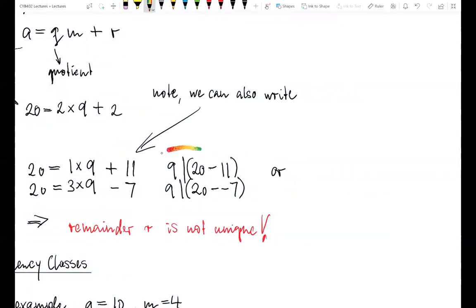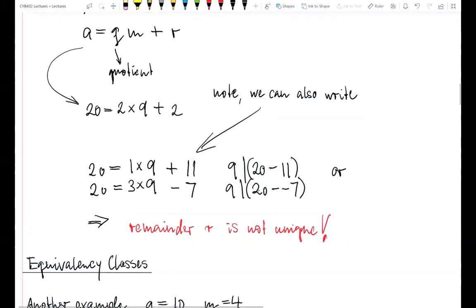Well, because here in this example, 9 divides 20 minus 11. Or in the last example, 9 divides 20 minus -7. So what you see here is that the remainder is not unique. We get different remainders, and we still have a congruence relationship.